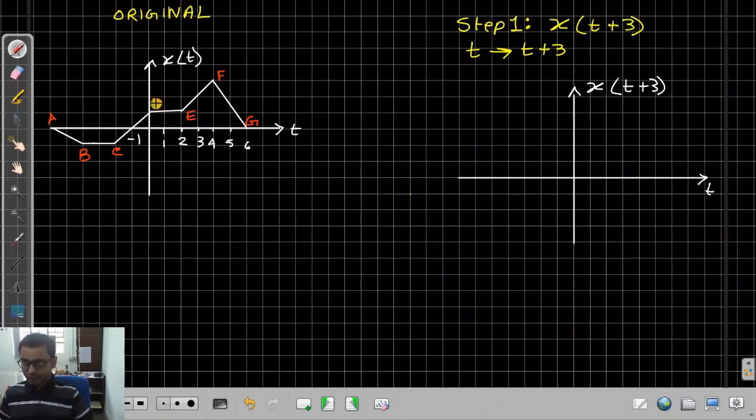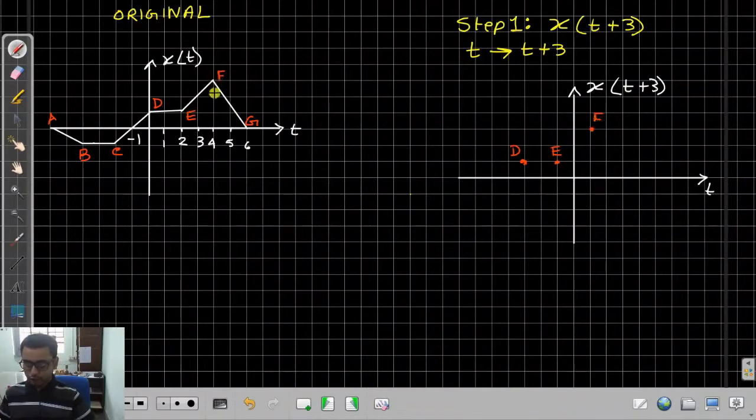So this point D will come 1, 2, 3 here. So let me mark. Point D will come 1, 2, 3 here. Then point E will be here. This is D. This is E. Then point F will be here.